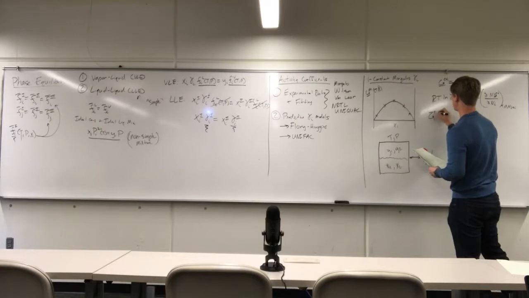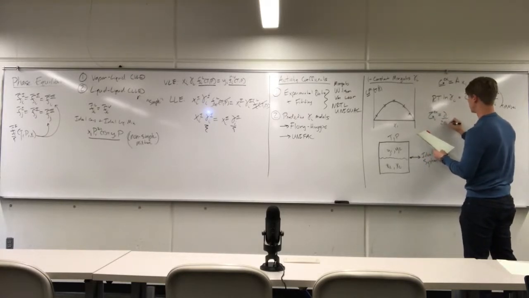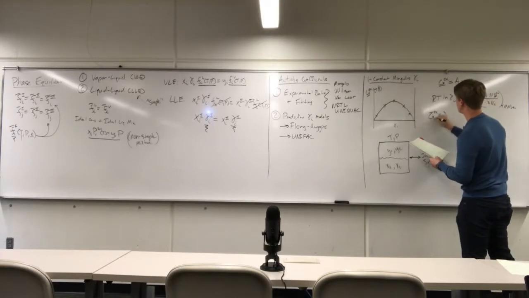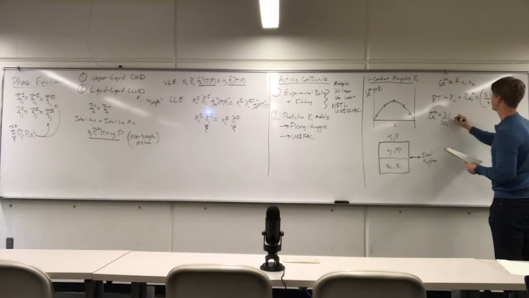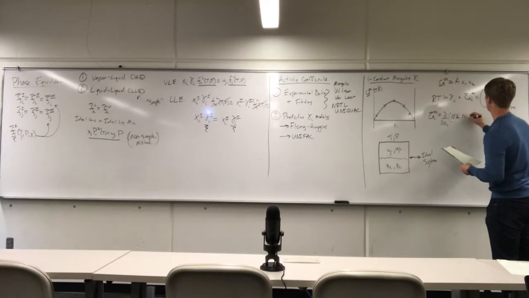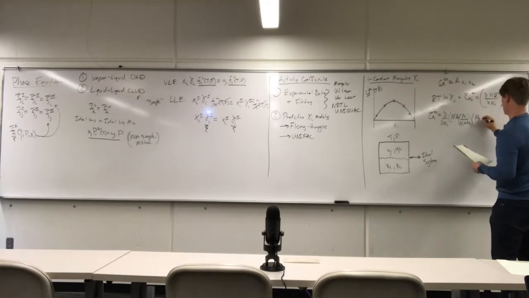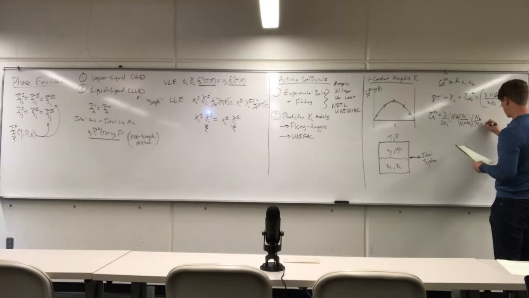Partial excess Gibbs of species i. Sorry, let's do it for species 1. We have to substitute in our expression here, so we have n times A times n1 over n1 plus n2, times n2 over n1 plus n2.